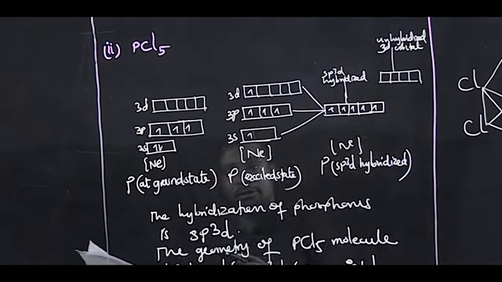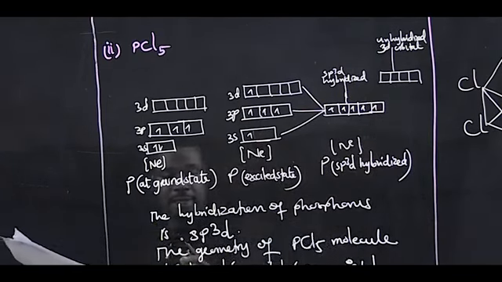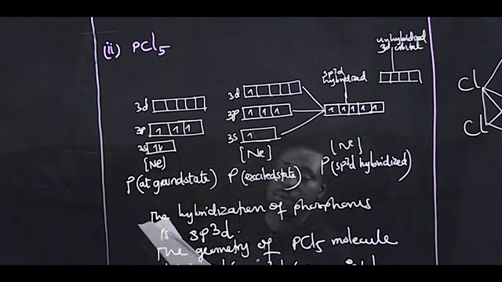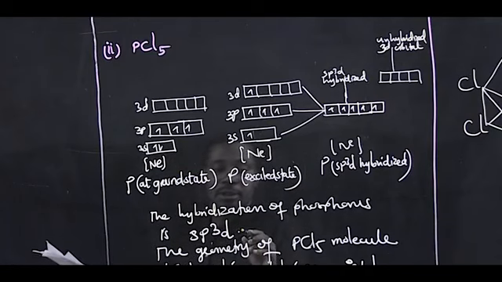So the hybridization of the central atom phosphorus is sp3d, or sometimes can be written as dsp3.